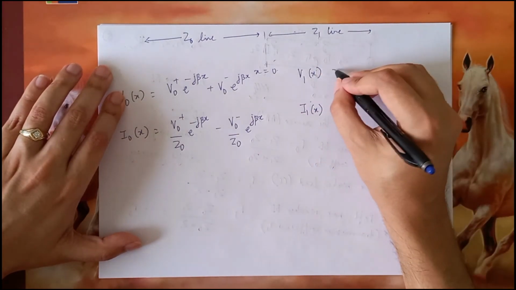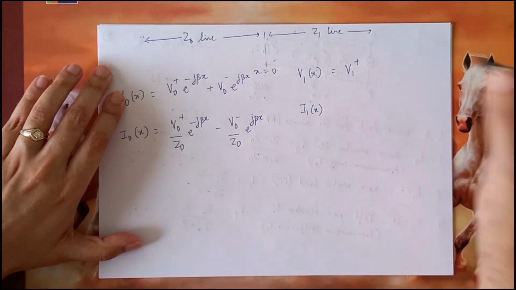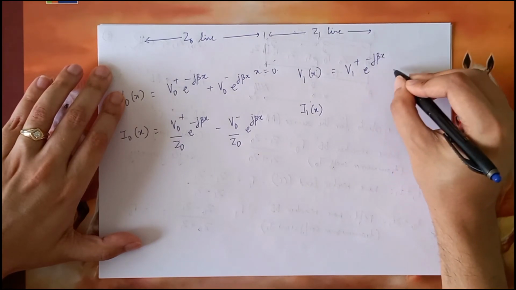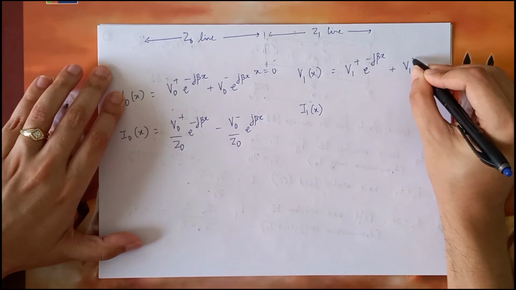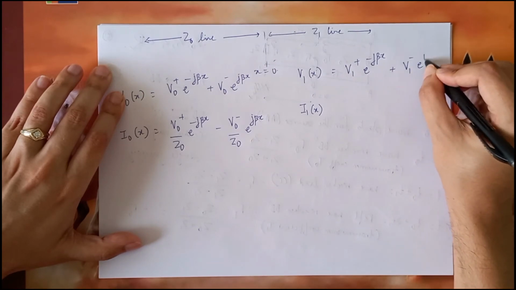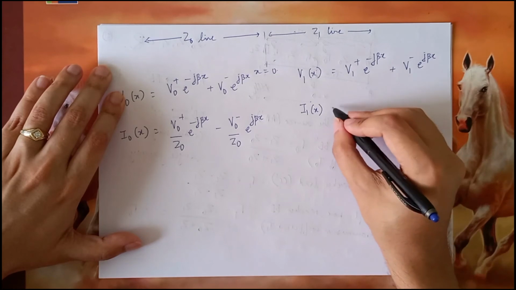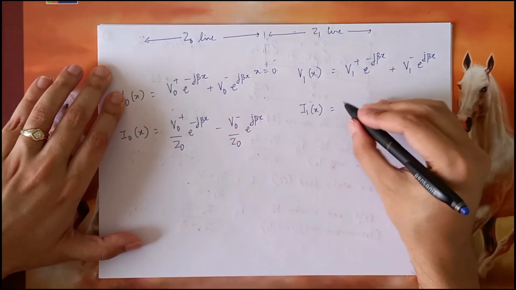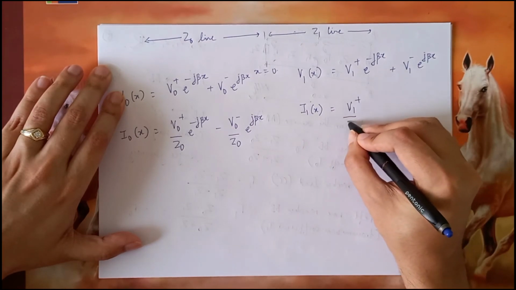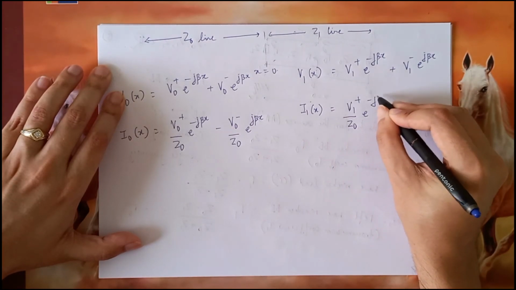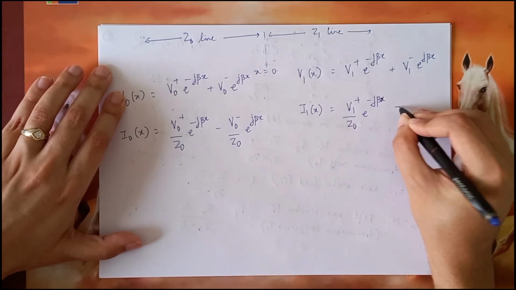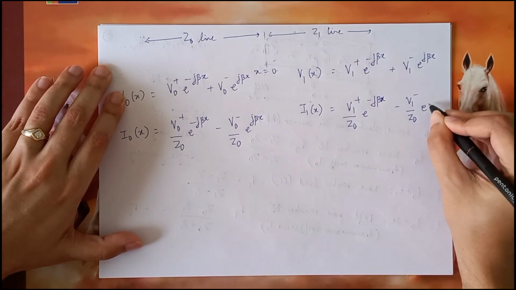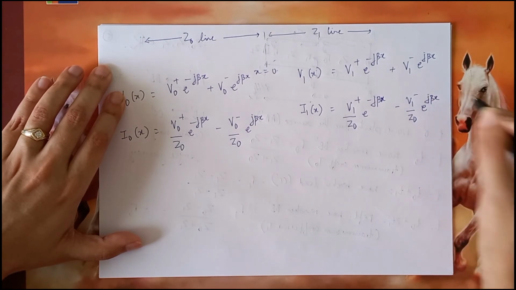Whereas for the Z1 line, we will have this, some V1 plus times e raised to minus j beta x plus V1 minus e raised to j beta x. Here it will be just the converse or just the extension of this, that is V1 plus by Z1 e raised to minus j beta x minus V1 minus by Z1 e raised to j beta x.